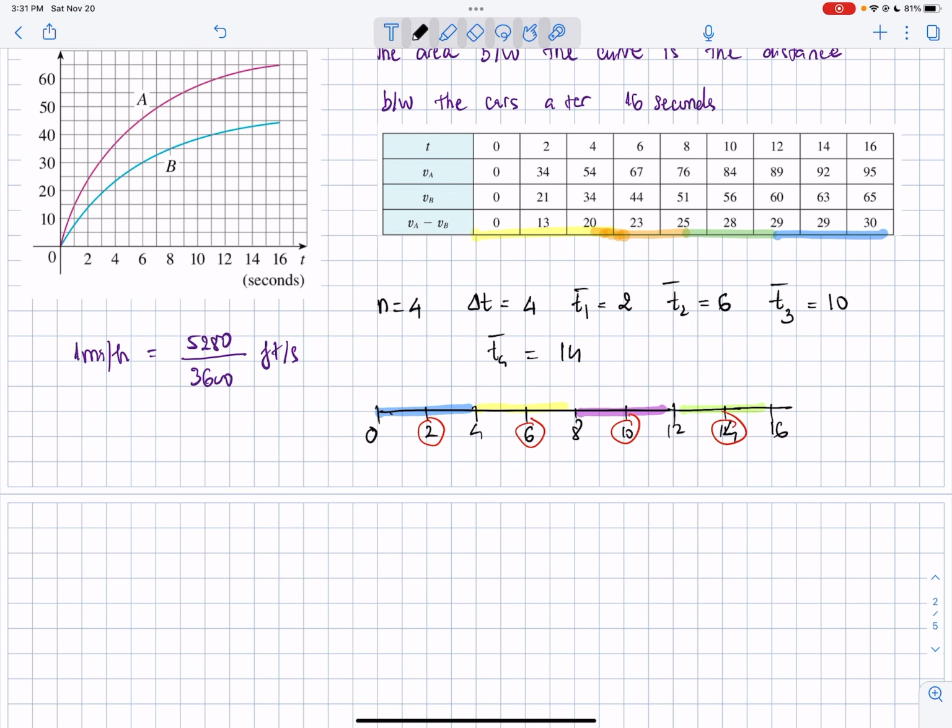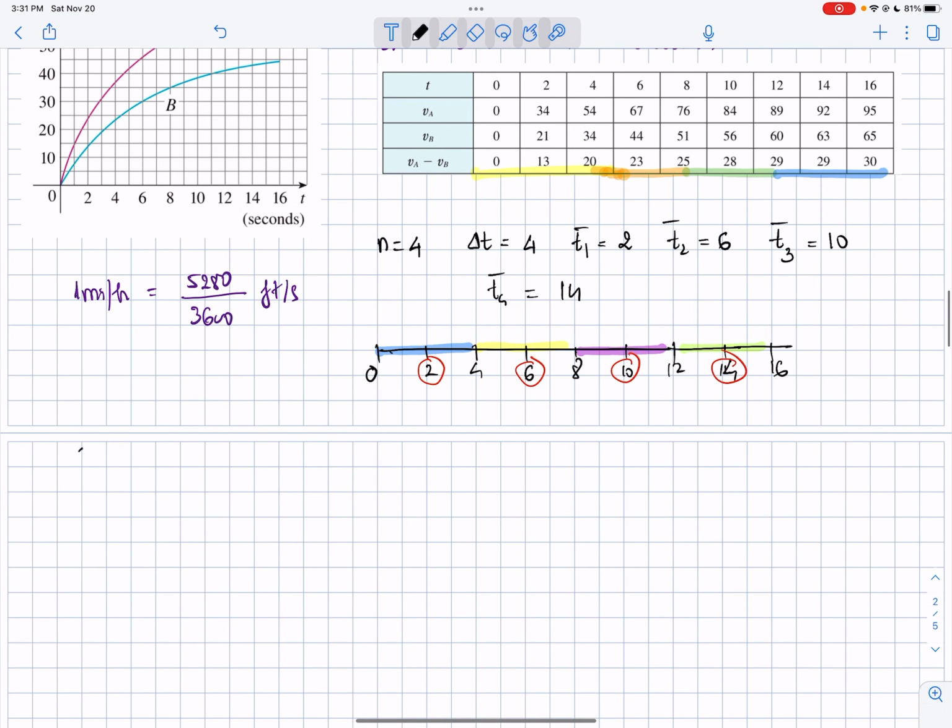By definition, the integral from 0 to 16 of VA, the one on the top, minus VB, which means the difference between the velocities, dt, is equal to the sum of the rectangles.